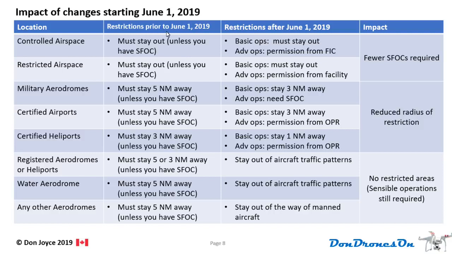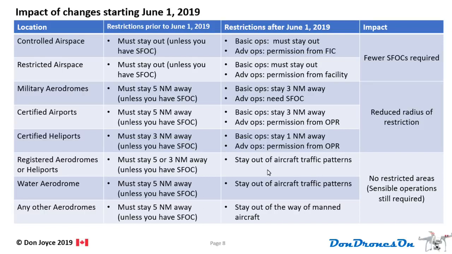The restrictions prior to June 1st, 2019 were that you basically had to stay out of controlled airspace or restricted airspace unless you had an SFOC. You had to stay 5 nautical miles away from aerodromes, airports, even registered aerodromes, even water aerodromes, or any other aerodrome. You had to stay 5 nautical miles away unless you had an SFOC.